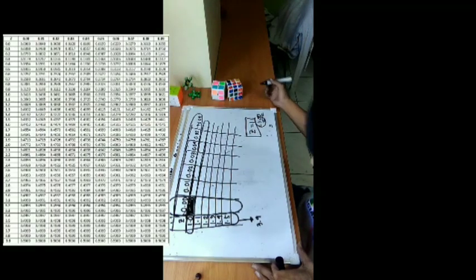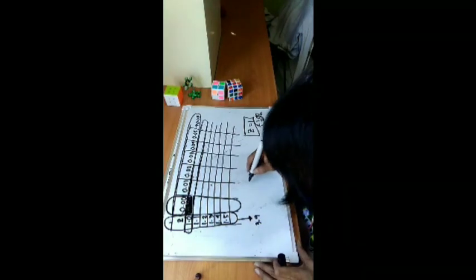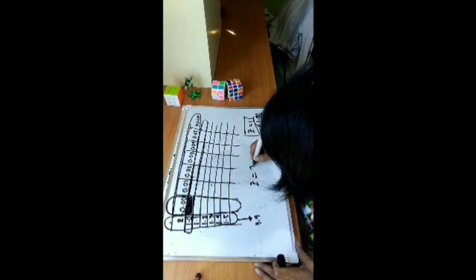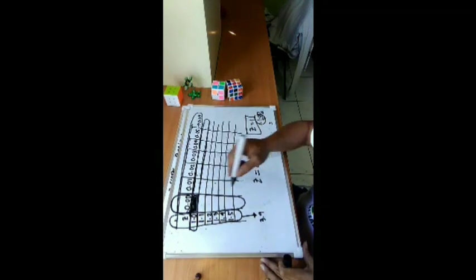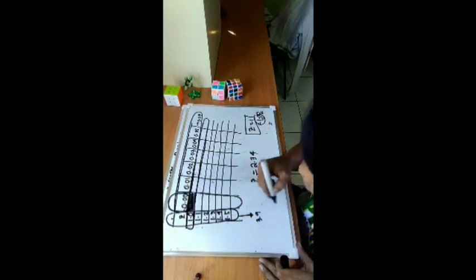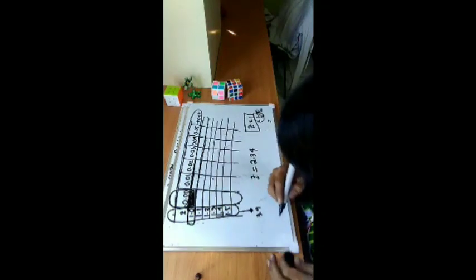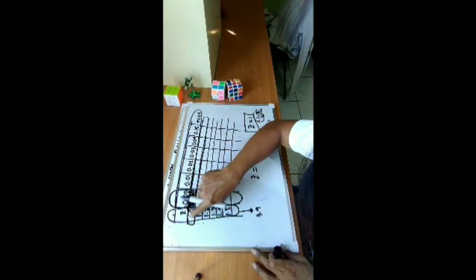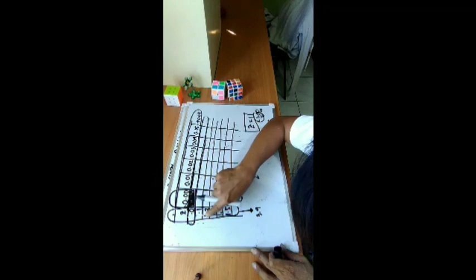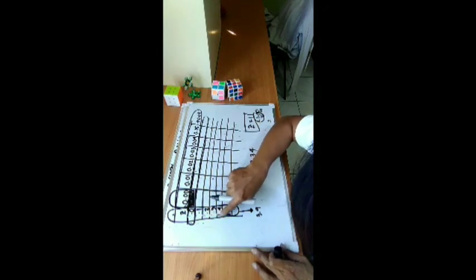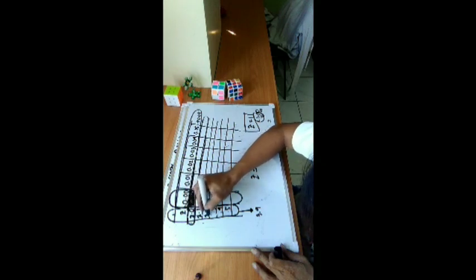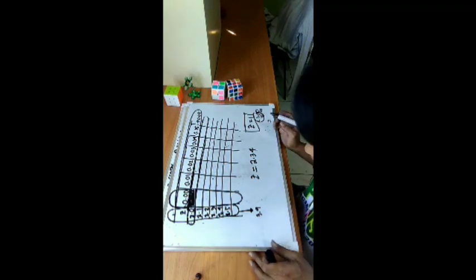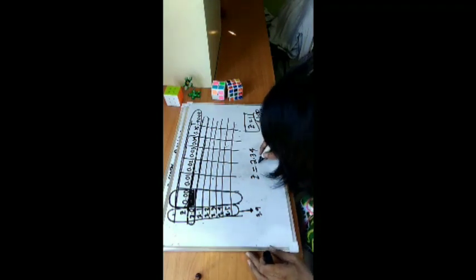Now, how about if we have to find z equals 2.34? So at the middle portion, we will find another set of numbers, 2.0, 2.2, 2.5 up to 3.9. Okay, find this 2.3.